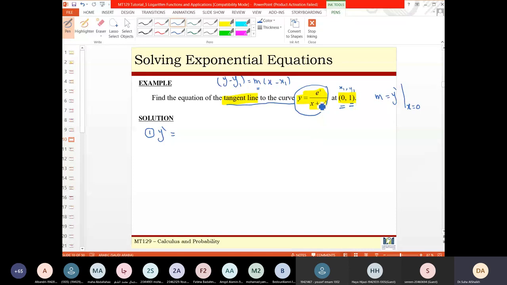What's the rule when I have a division of two functions? Derivative of the first multiplied with the second minus the first multiplied with the derivative of the second, divided by the second square.